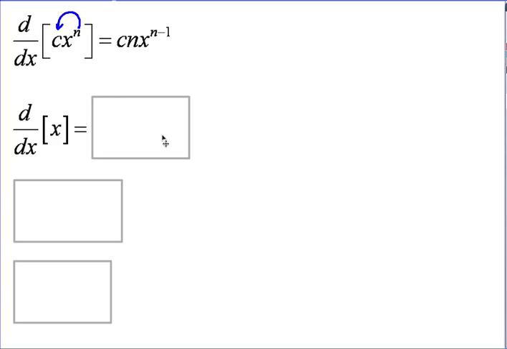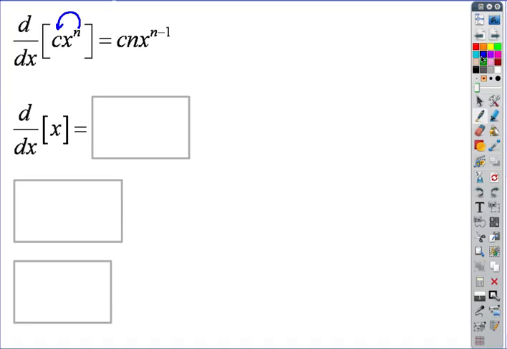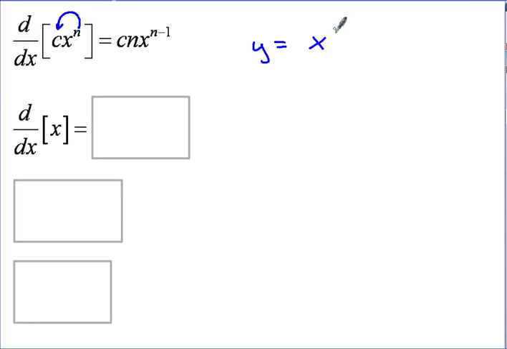If we apply the general power rule, this is what Nolan was doing, it's like saying if y equals x to the 1, then y prime, another way of saying the derivative, they all mean the same thing. Y prime is the same as dy dx.